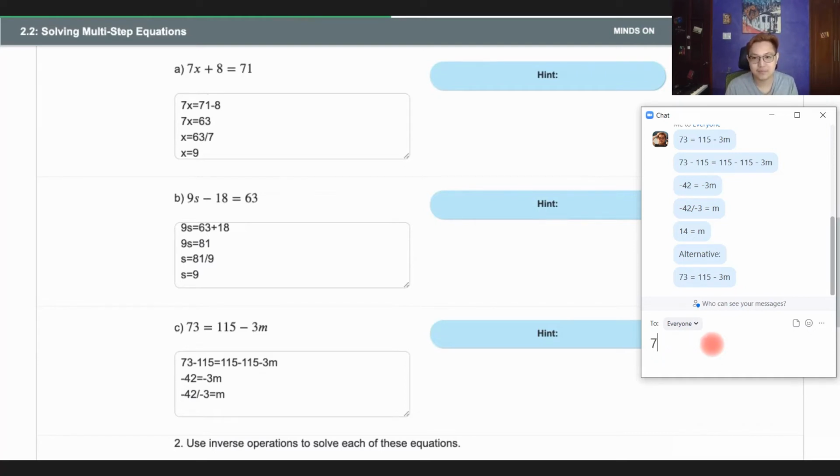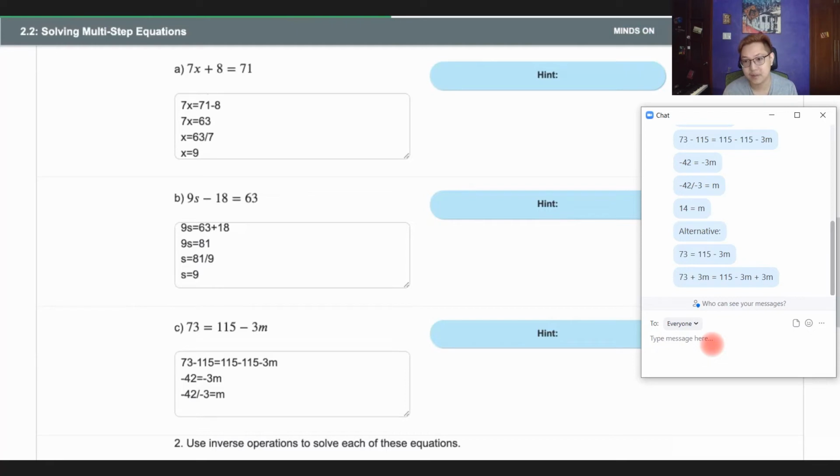So plus 3m on both sides in order to eliminate the minus 3m on the right side.